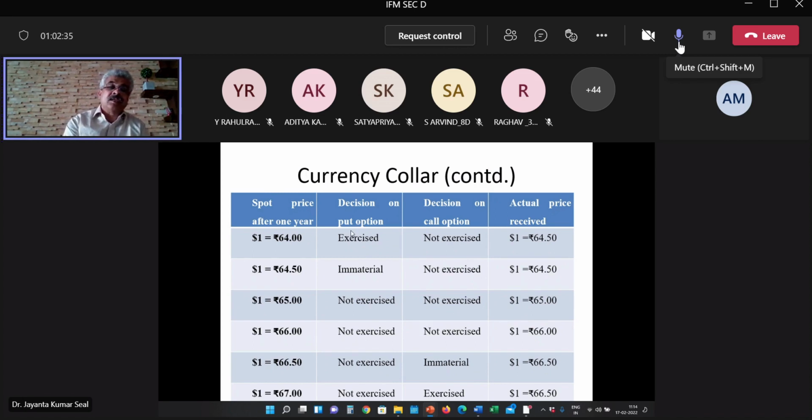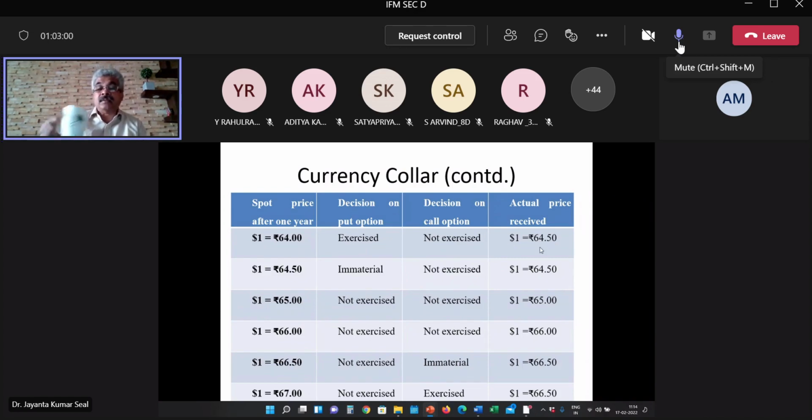So you will be exercising your right. What about call option? Not exercised. Why? That person has the right to buy at 66.5. Market price is 64. So he can buy it from the market at a lower price. So you are exercising your right means you are selling at 64.5. So the price you are receiving is 64.5.